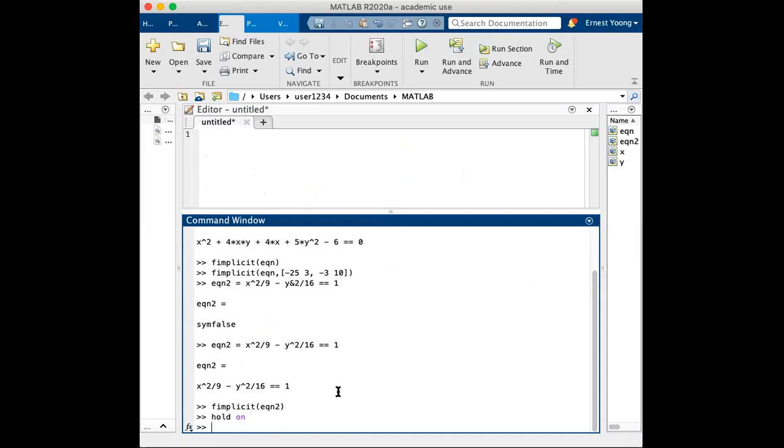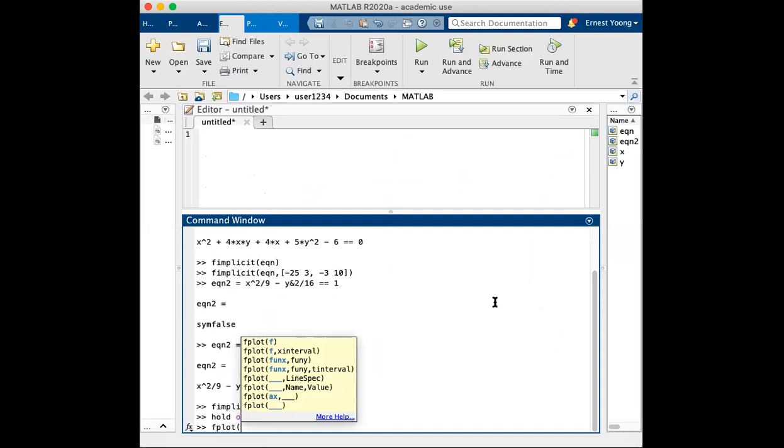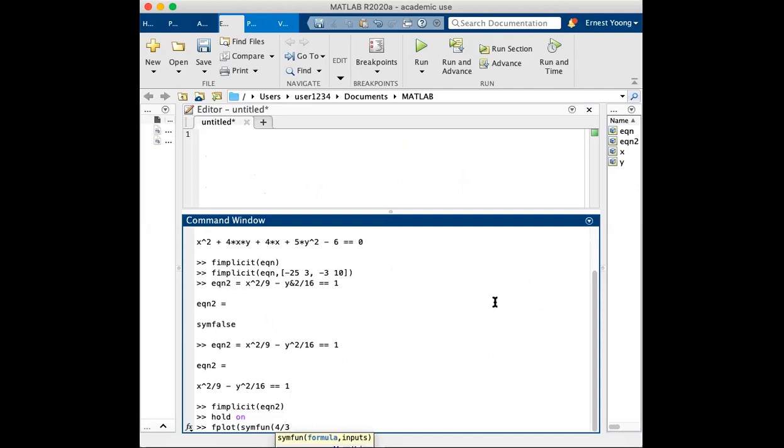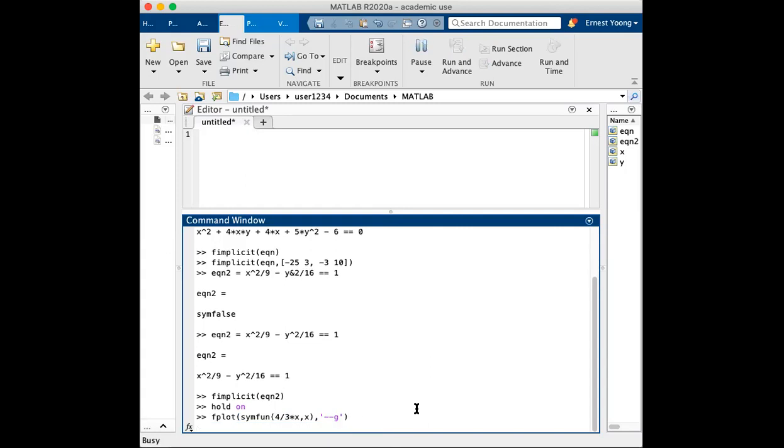Okay, fplot, symbolic function, 4 over 3 times x, this is the function of x, and because I want to draw a dotted line, I say dot dot green. Okay, that's one of them.